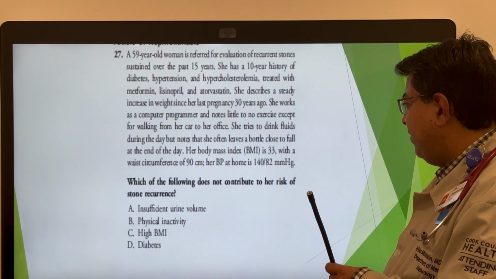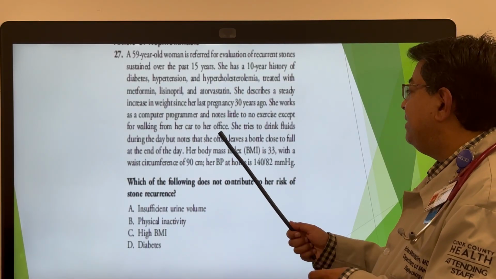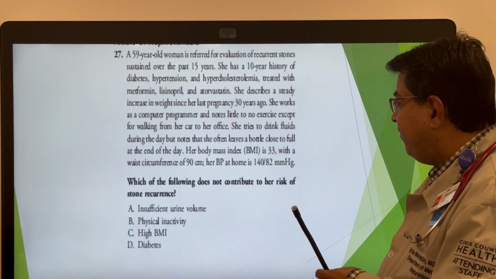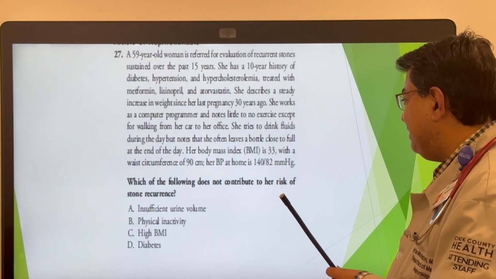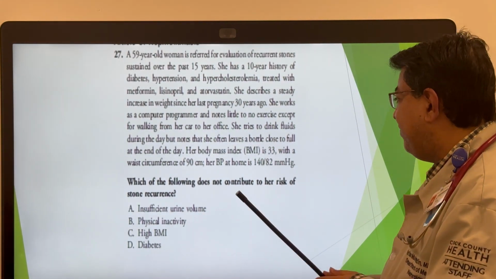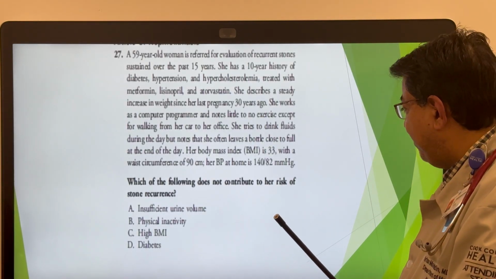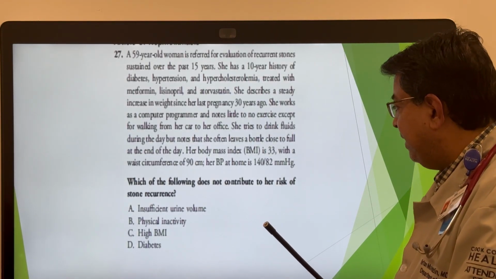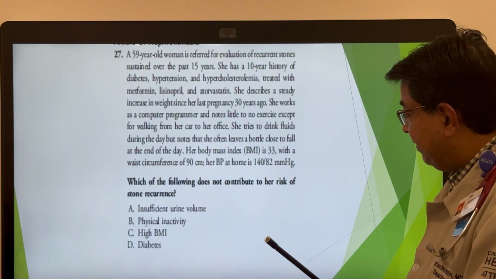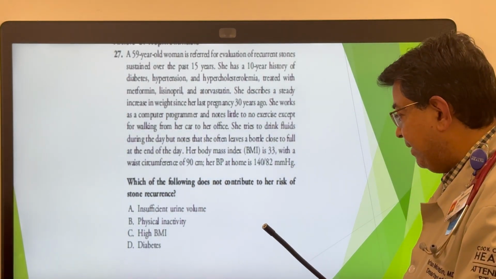She tries to drink fluids during the day, but notes that she often leaves a bottle close to full at the end of the day. Her body mass index is 33, with a waist circumference of 90 centimeters. Her blood pressure at home is 140/82 millimeters of mercury. Which of the following does not contribute to her risk of stone recurrence?